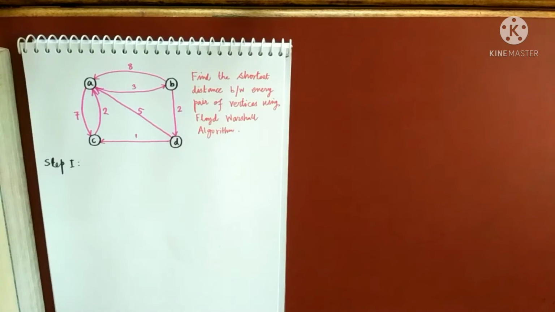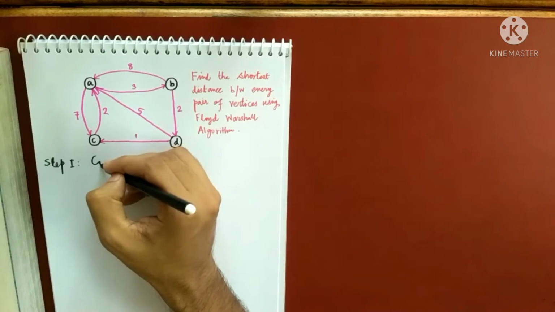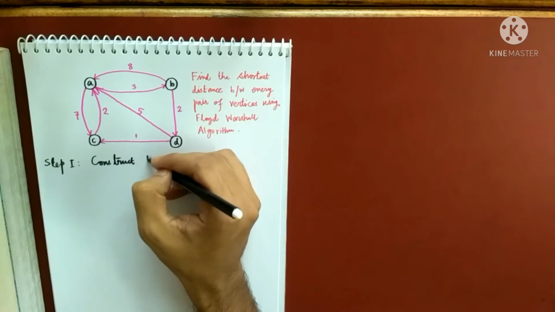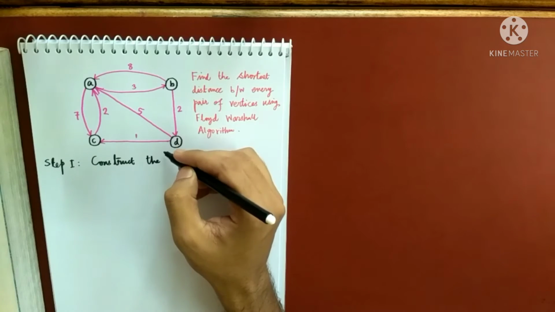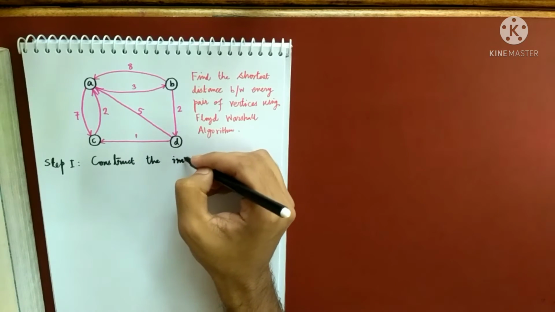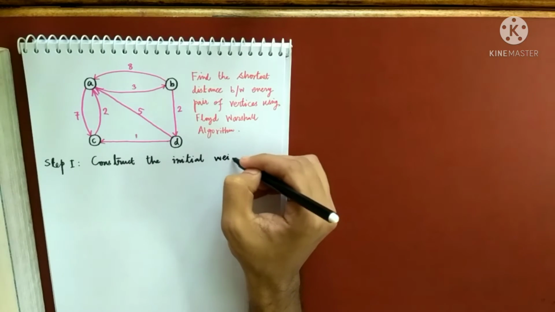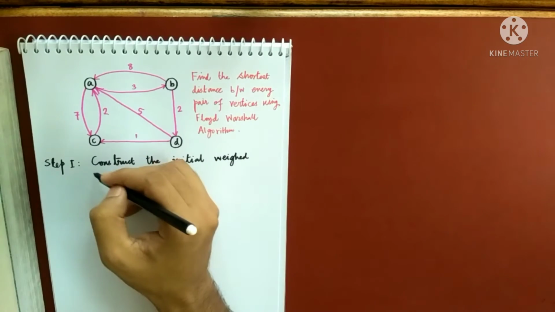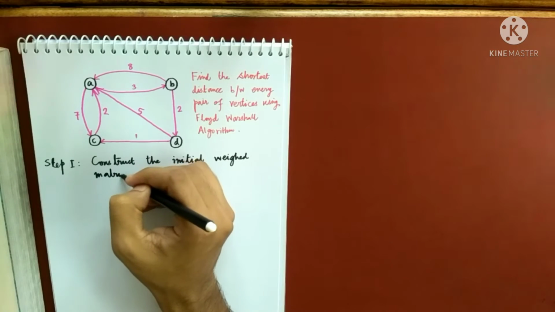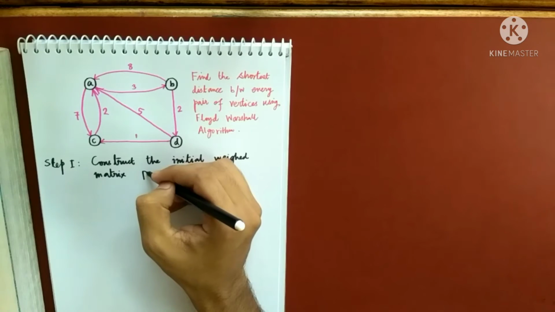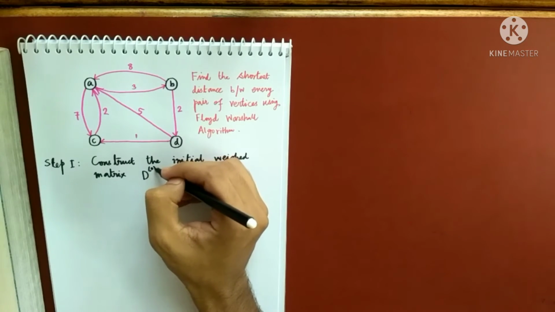Step one is to construct the initial weighted matrix. I'm denoting that weighted matrix by D with a 0 here.